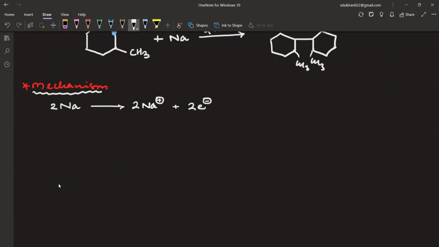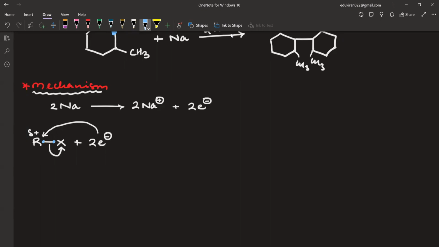Now, when I have RX, what is going to happen? The two electrons will come and they will see that this R is delta positive because it is attached with an electronegative atom. These two negative electrons will attack this R group, and as they attack, the CX bond will break. Now you have to remember the CX bond contains one electron from carbon and one electron from halogen. But the halogen is taking both the electrons.